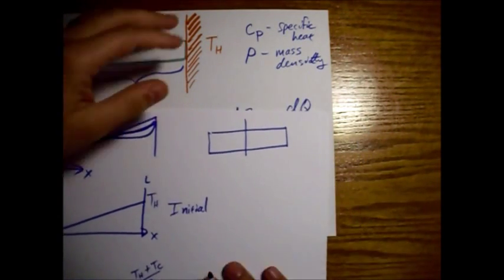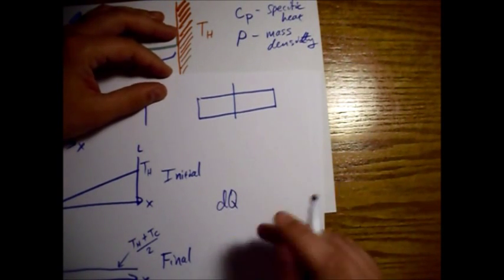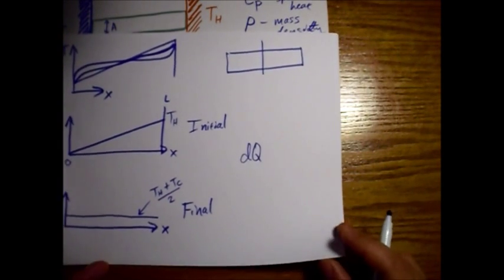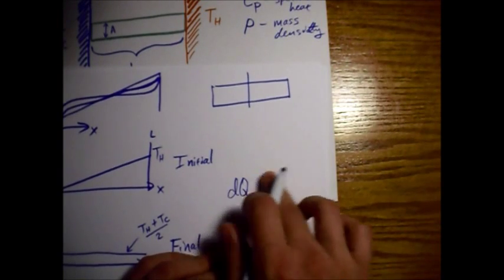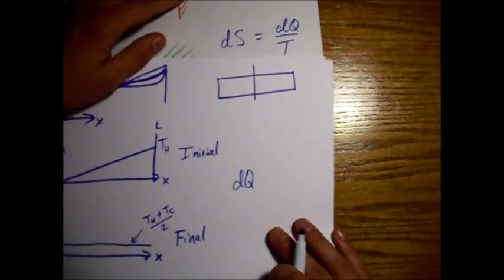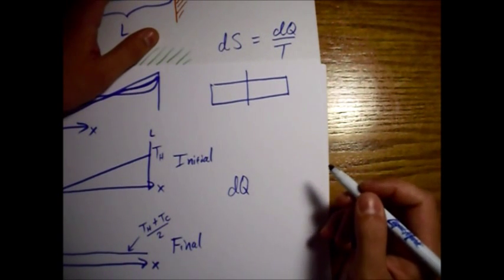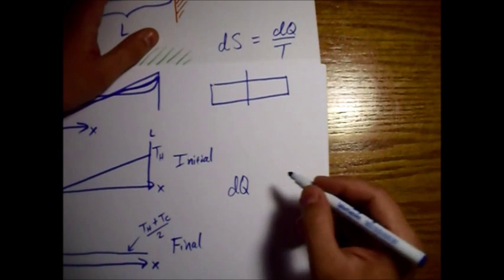All right. So first, let's look at what this little differential amount of heat would be, or thermal energy, whatever you want to call it. So the transfer of thermal energy.